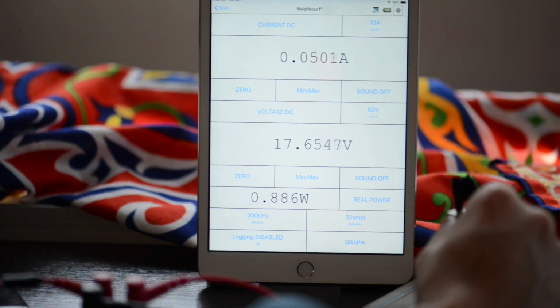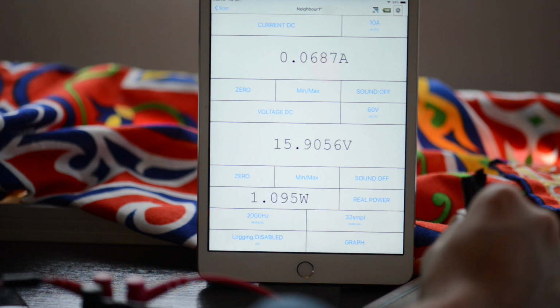Voltage is dropping, current is increasing, and power is rising, to about 1 watt. And if I press any harder, it seems like maximum power at this point is about 1 watt.